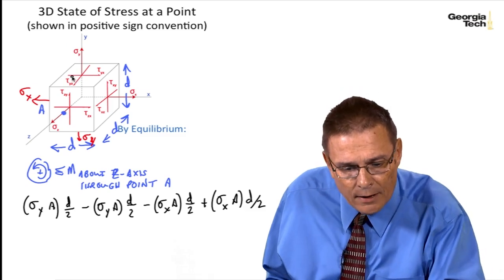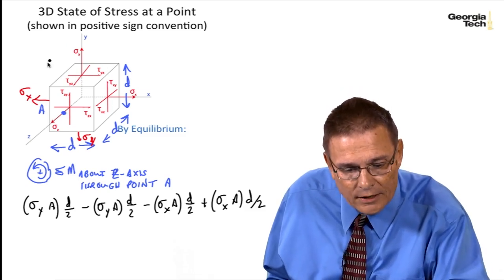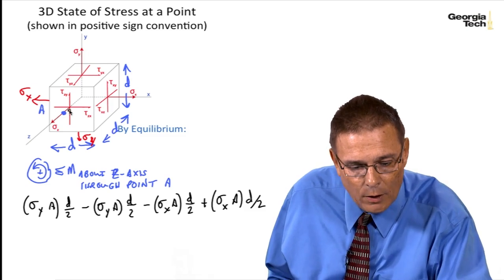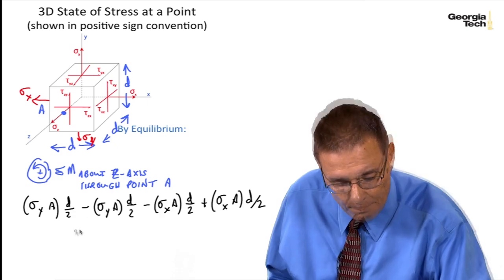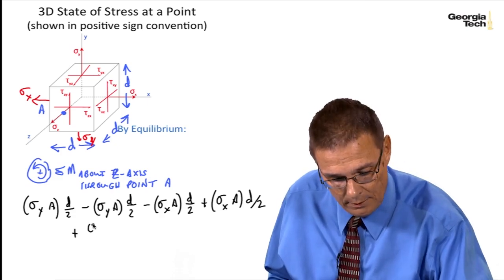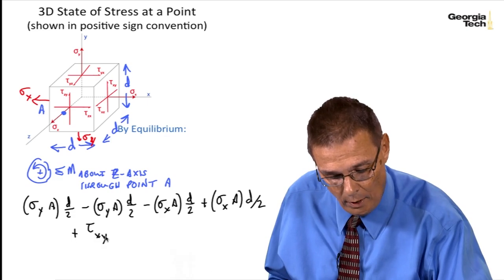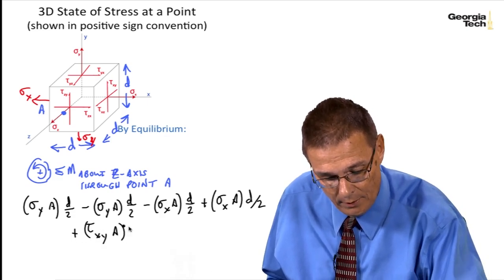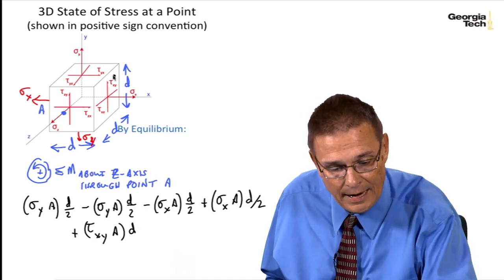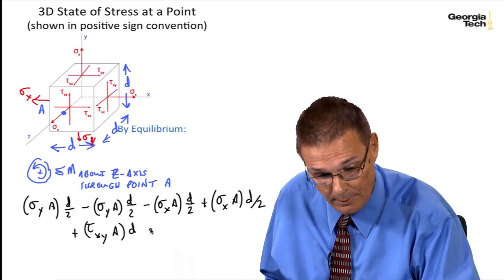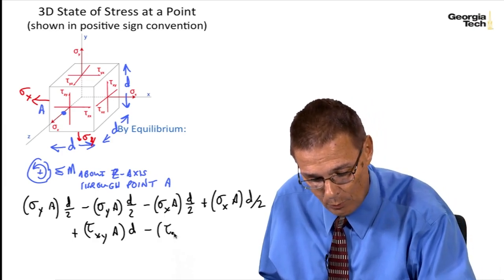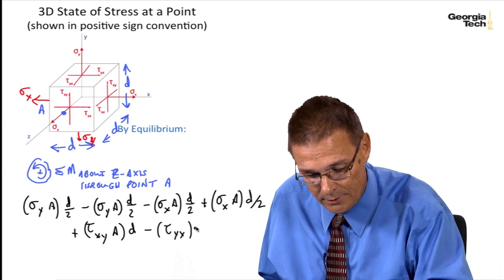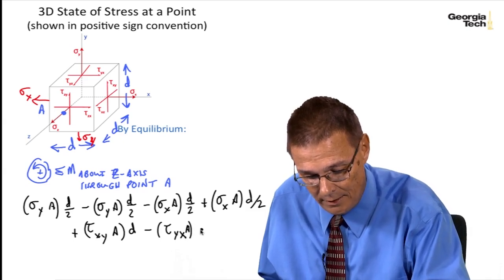So we're going to have tau sub xy. It's going to tend to cause a counterclockwise rotation. Its moment arm is d. And so we've got plus tau sub xy times the area times d. And then we've got tau sub yx. It's going to be negative because it's going to cause a clockwise rotation: minus tau sub yx times A times d.